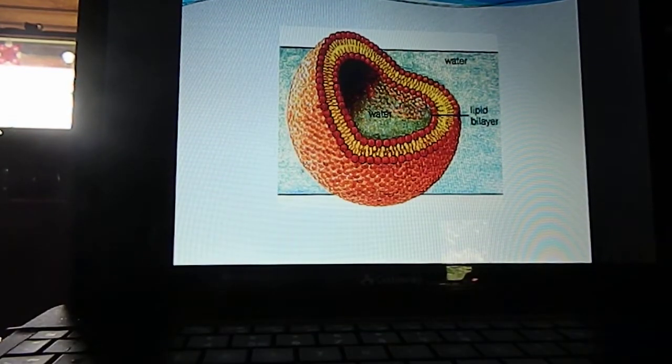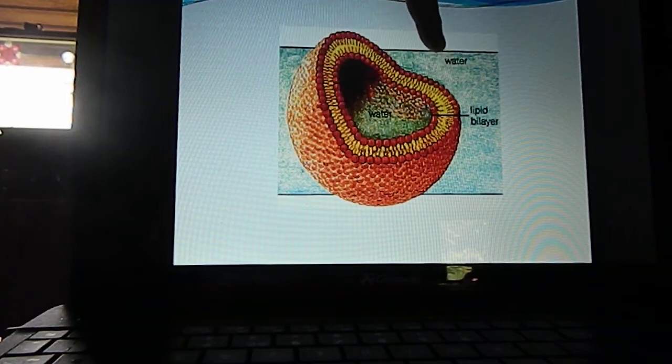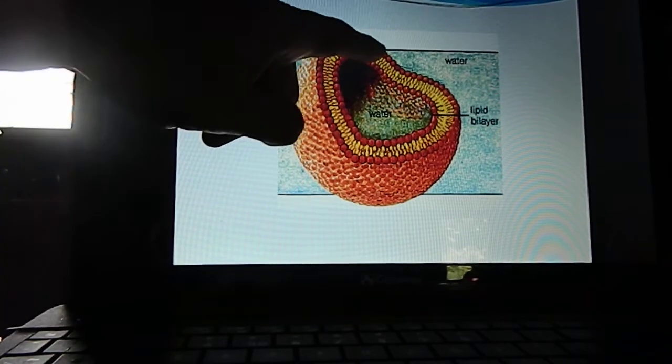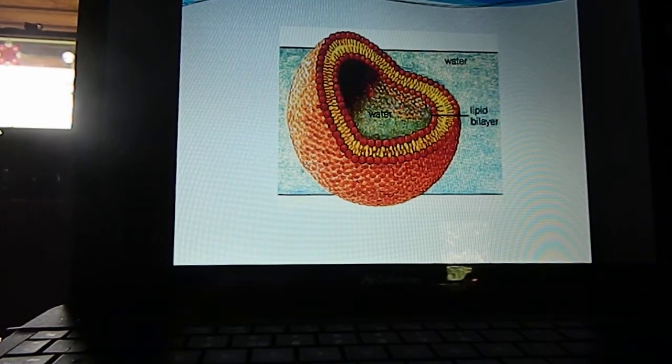There we go. And so when the membrane is formed, water's on the outside, you see the orange heads, right? And their little tails are facing toward the inside of the membrane. When the sphere is formed, water is trapped on the inside as well.